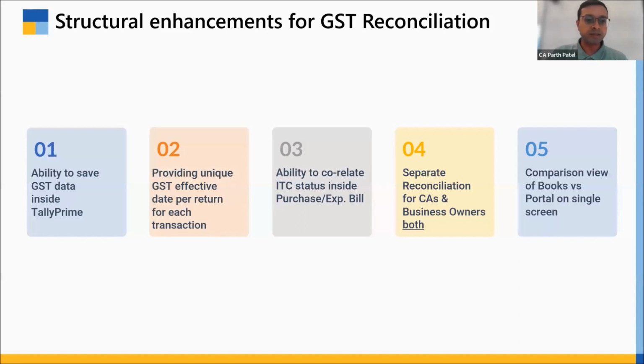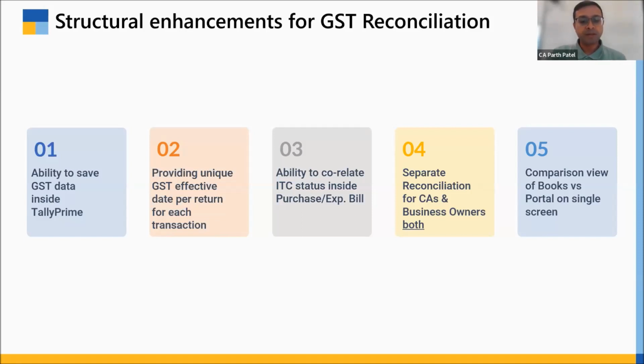We merge it into Excel and we do some reconciliation using Excel capabilities like filter or maybe pivot table or any other mechanism. To avoid this kind of situation, and to ensure that both the data remain on the same platform, TallyPrime has enhanced the ability to get the GST data and keep it inside TallyPrime itself.